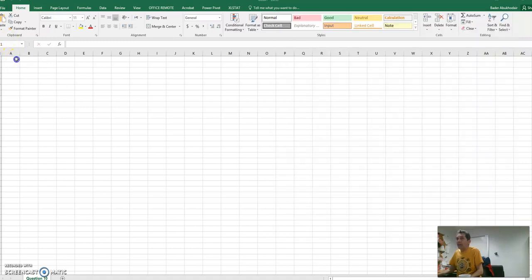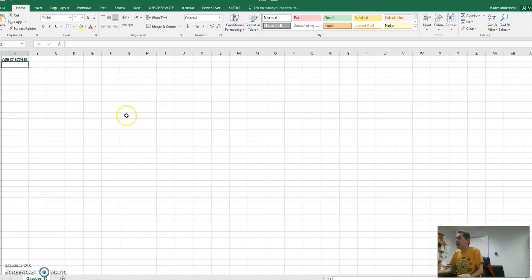So you notice that we're going to start this with a table, age of actress. I want the age of the actress, and from my data I know that I have 82 actresses, but I don't know exactly what their ages are. But I know that they are in a class, in which the age range will be from 2.